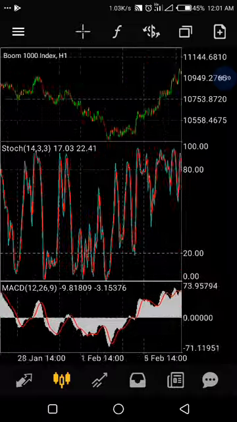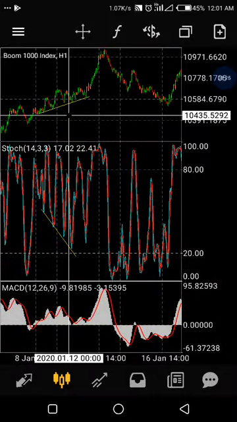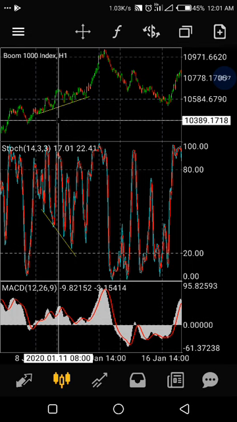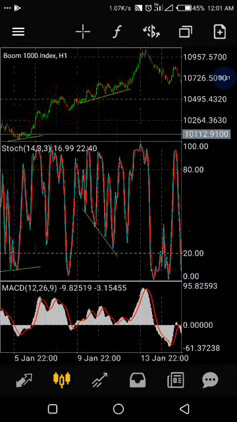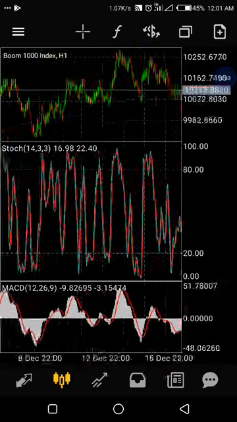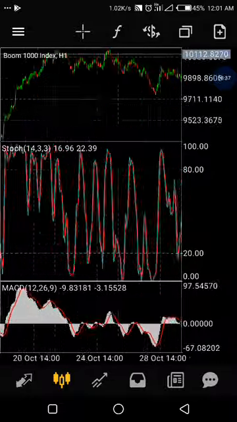So this here is an example of a negative bullish divergence.